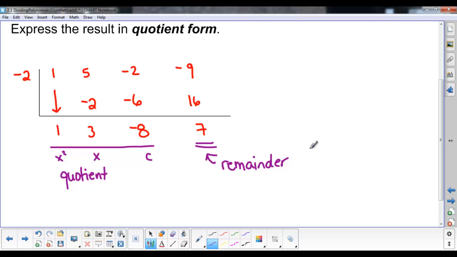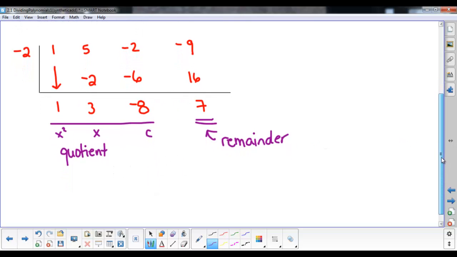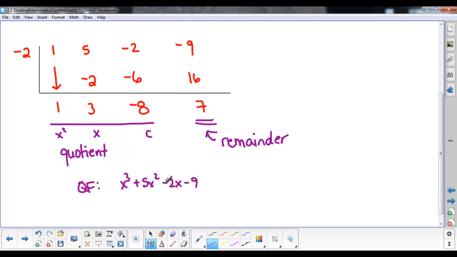So to write this out, in quotient form, I would say that the dividend is x cubed plus 5x squared minus 2x minus 9 over our divisor equals the quotient, so all of that comes from right here.